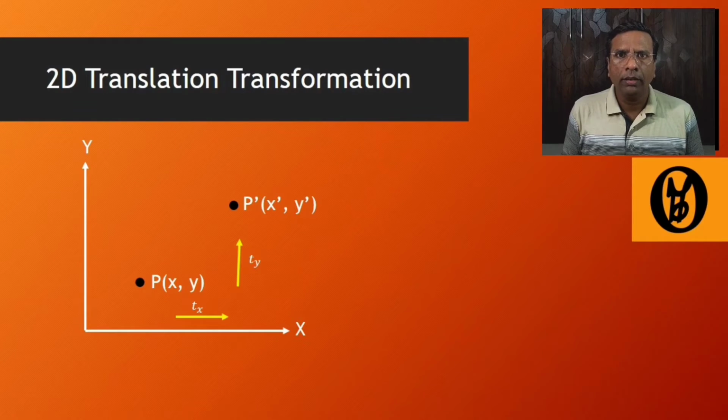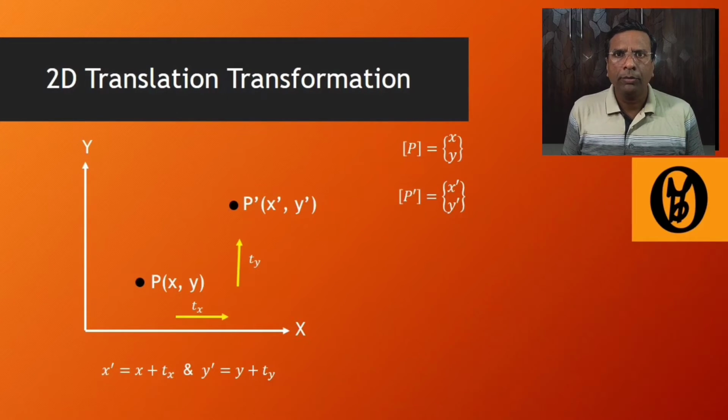So we can calculate the coordinate like this: x dash, the x coordinate of P dash, equal to x plus tx distance, and y dash, that is the y coordinate of P dash, equal to y plus ty distance. In the matrix form, we can write this as matrix P equal to x and y, and matrix P dash equal to x dash and y dash.